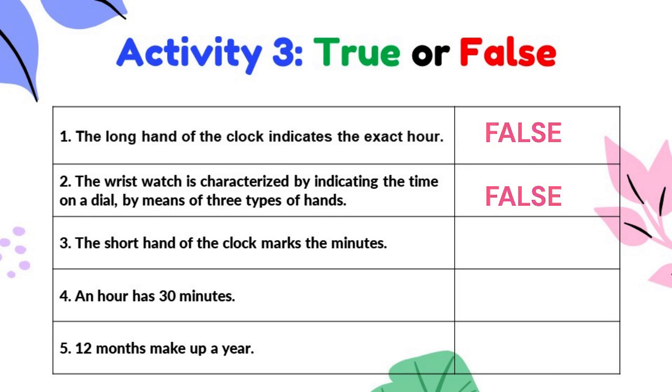False. It's an analog clock. 3. The short hand of the clock marks the minutes. False. It's the long hand. 4. An hour has 30 minutes. True. 5. 12 months make up a year. True.